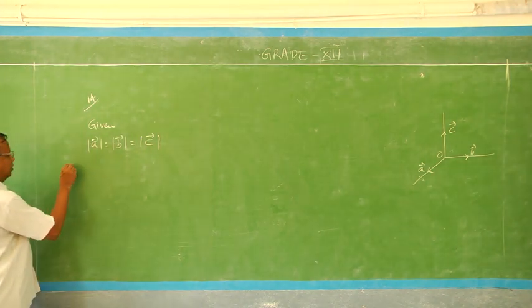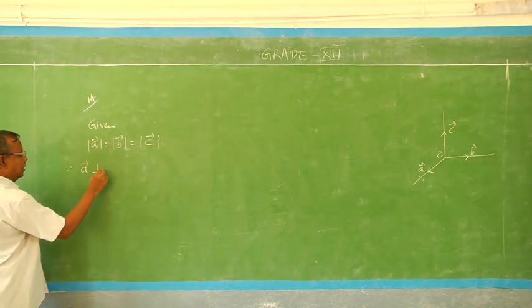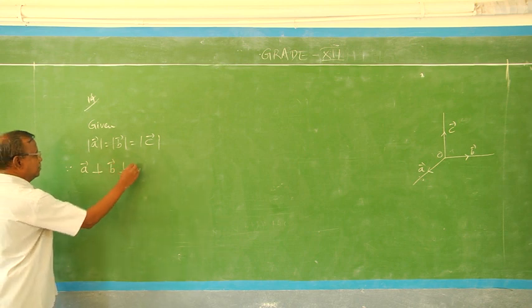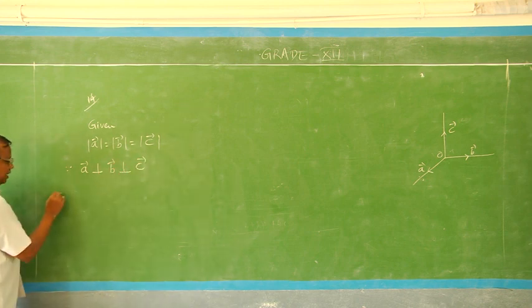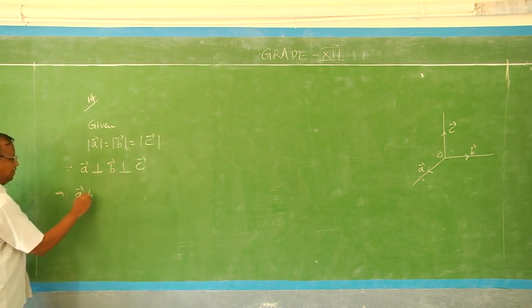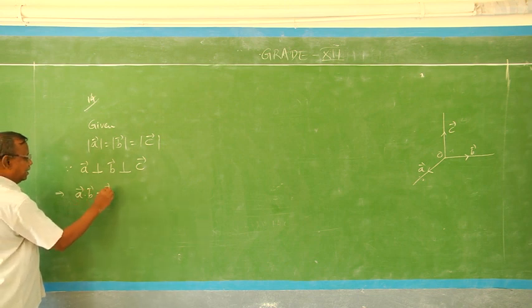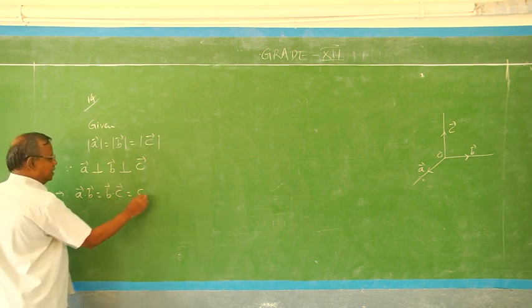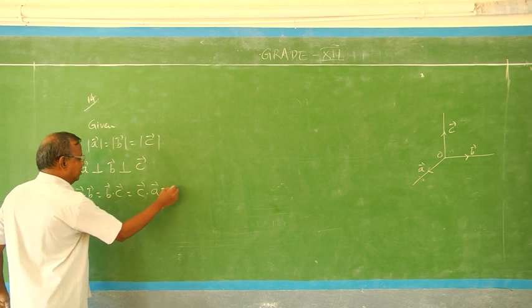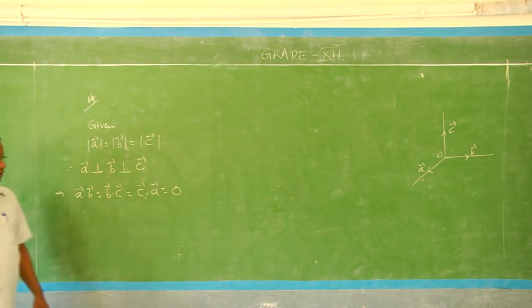Since a vector is perpendicular to b vector is perpendicular to c vector, we have a vector dot b vector equal to b vector dot c vector equal to c vector dot a vector equal to 0, because they are perpendicular to each other.